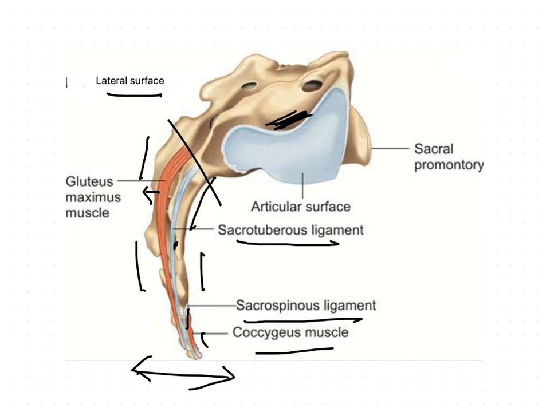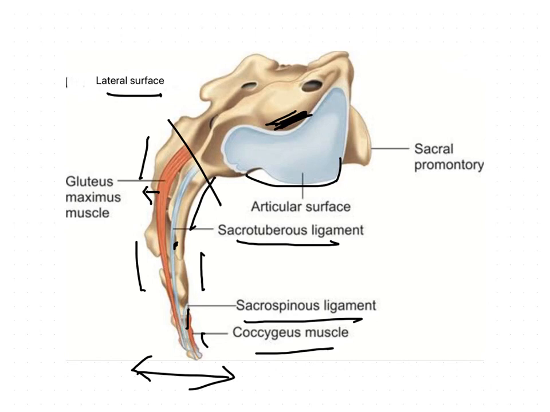To the anterior and inferior margins of this articular surface, it gives attachment to the anterior sacroiliac ligament. So the anterior sacroiliac ligament is attached to this area.